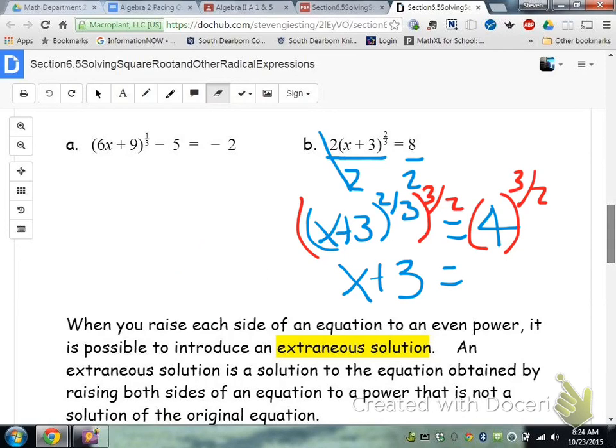Okay? So we're going to do like we did yesterday. Remember yesterday? We'd rewrite 4 to the 3/2 as 4 to the 1/2 cubed. From yesterday's work, who can rewrite 4 to the 1/2 as a radical?